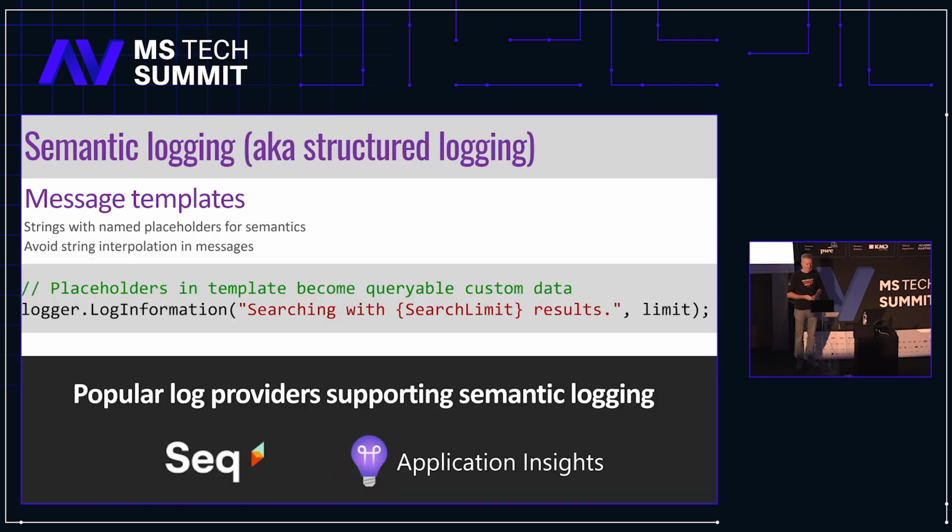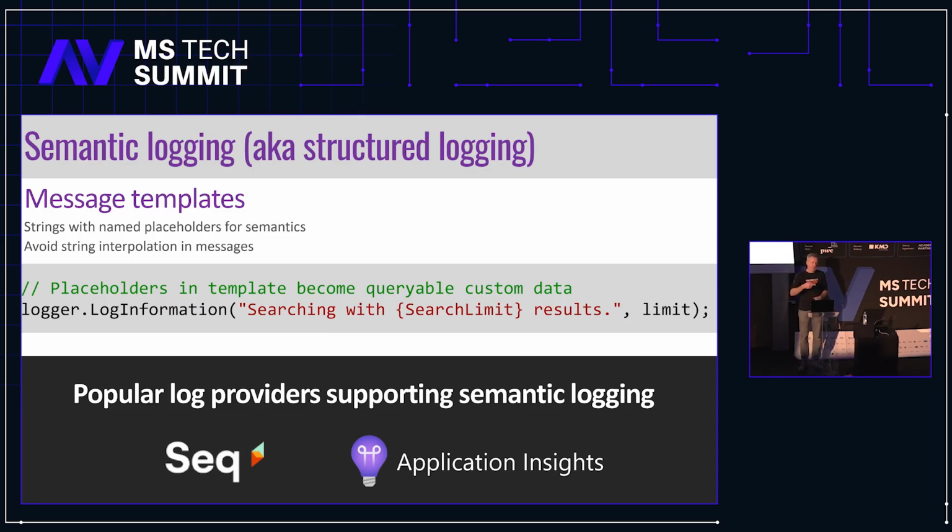That's even more beautiful. So for example, if you would use that, it's very subtle. But in this little snippet here, we picked the level log information, and it says searching with, and then it has a placeholder that has a term there. That's the semantic part. This is what you need to think about. What are the terms that I'm using? So in the samples that I'll be giving, there's this thing called a search limit.